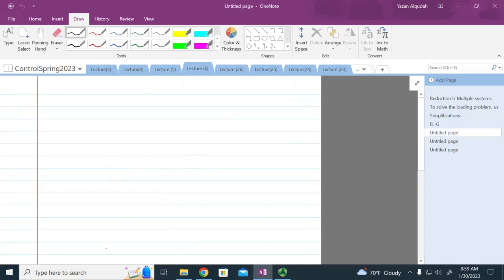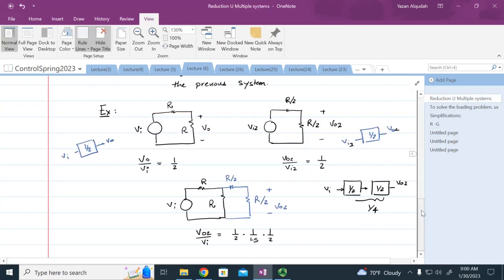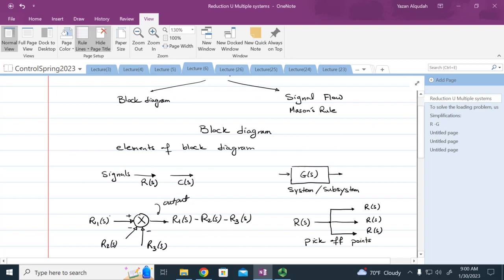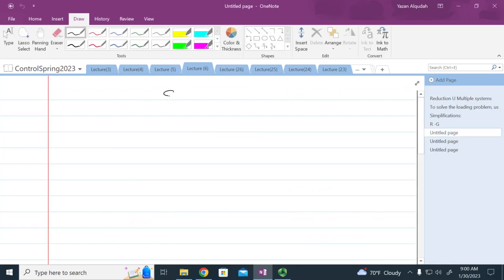Now the second form that we're going to look at. So we looked at the block diagram representation. The second form is the signal flow. So the second method of representing a system is using signal flow.